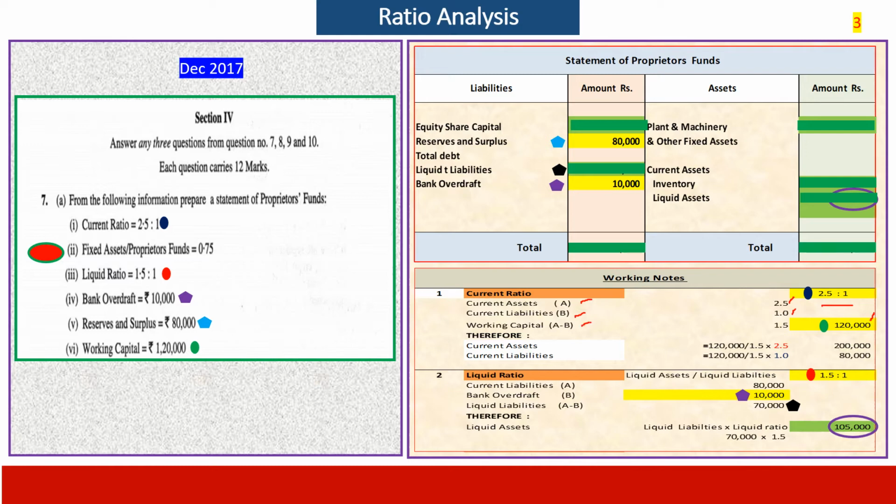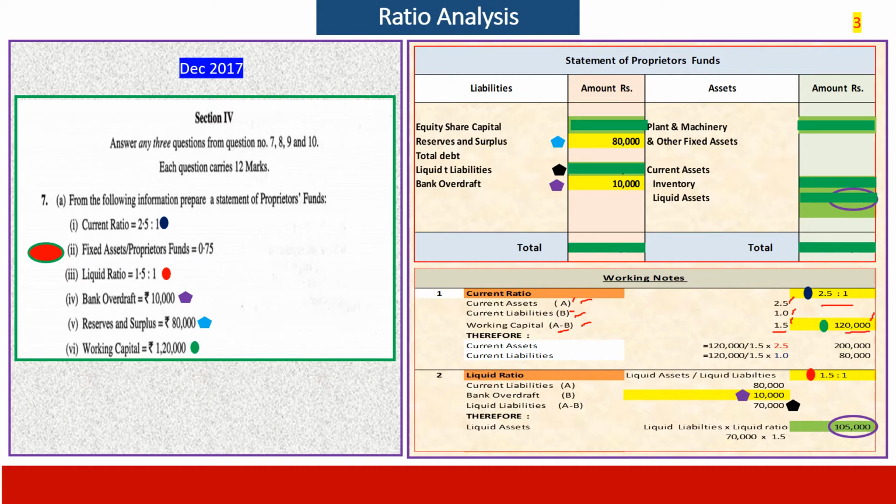What is working capital? Current assets minus current liabilities, or A minus B, is equal to working capital. Same logic here: 2.5 minus 1, 1.5 is equal to working capital. 2.5 is current assets, 1 is current liabilities, 1.5 is working capital. If 1.5 is working capital, the absolute amount is 1,20,000.